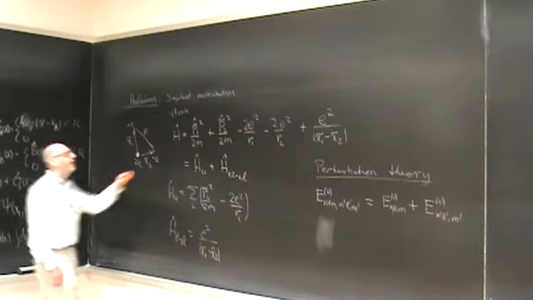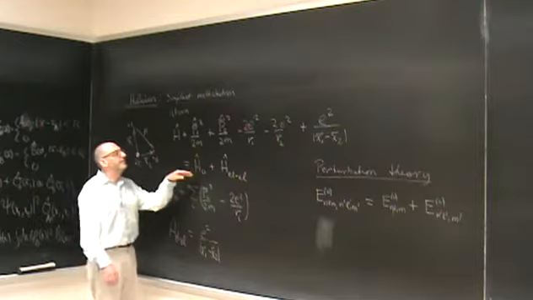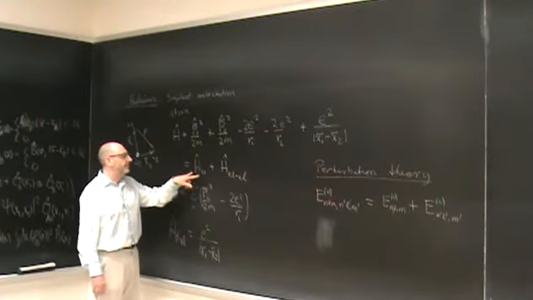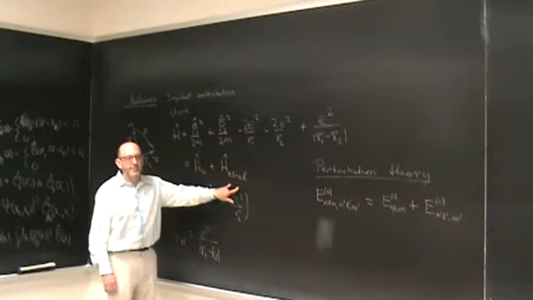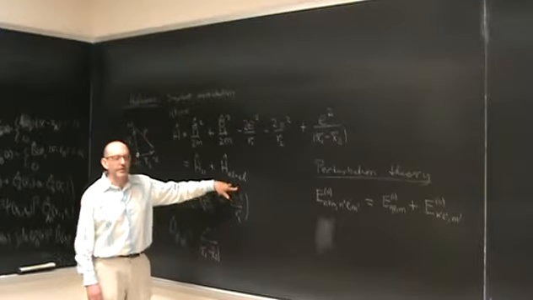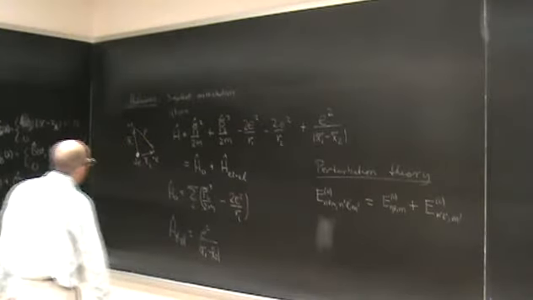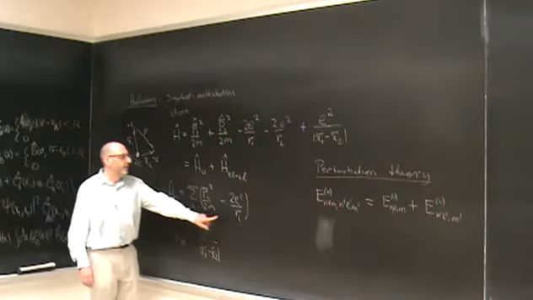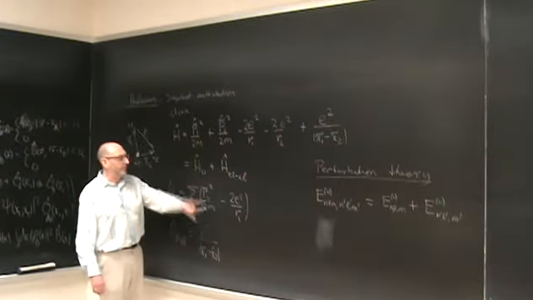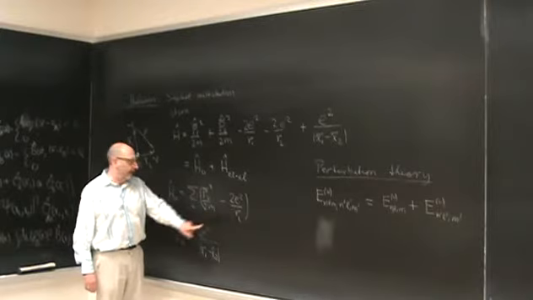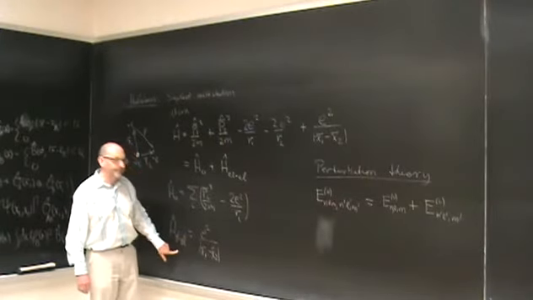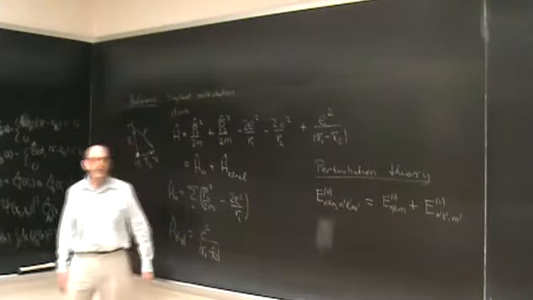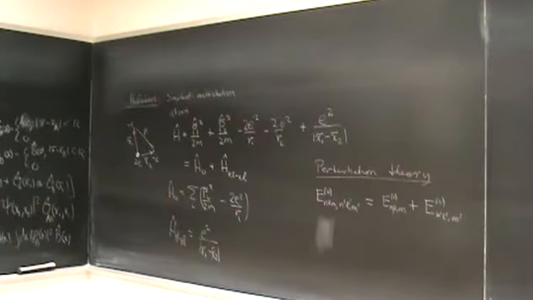So we broke this up into 2 pieces: something I called H0 and something I called H electron-electron. H0 is the sum of the single electron Hamiltonians, and this is the repulsive energy between the electrons.